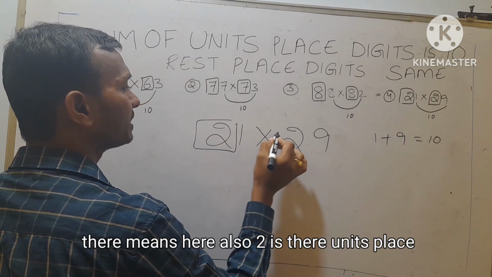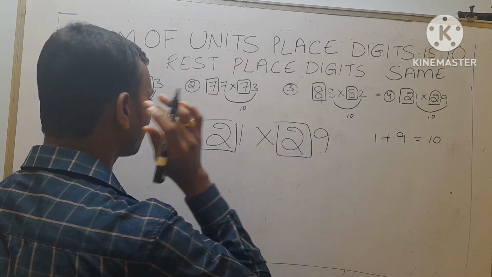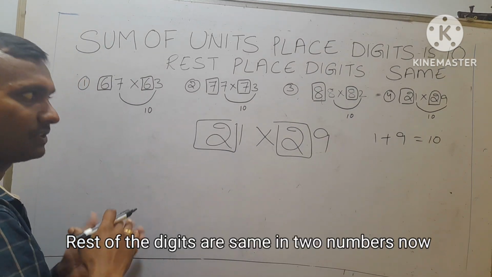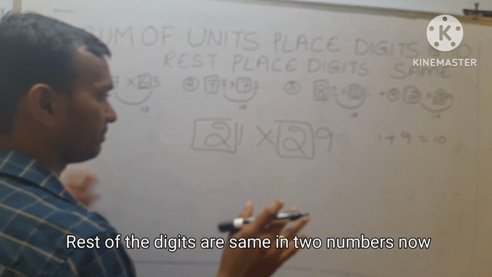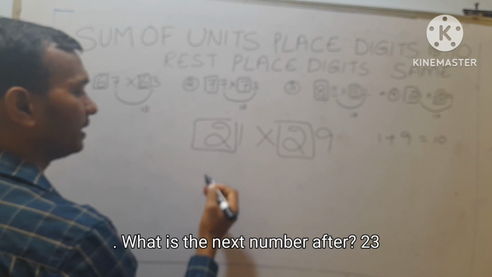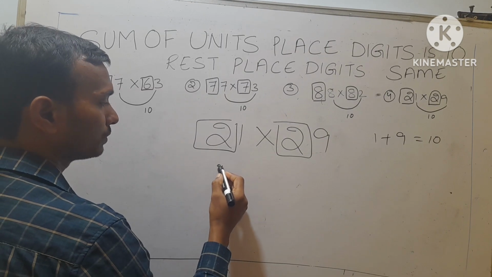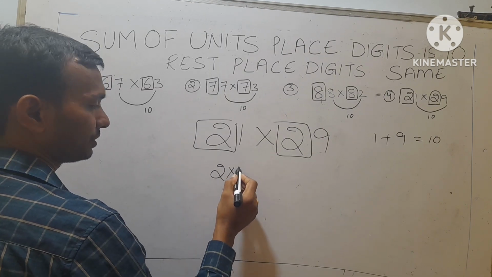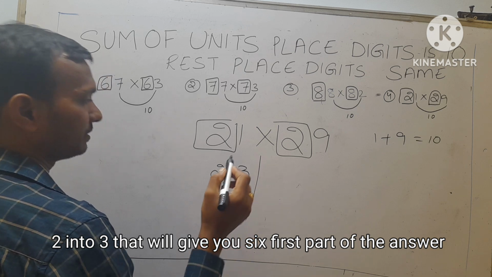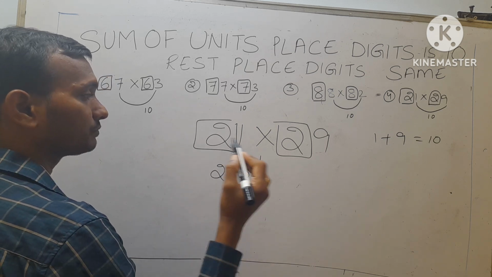Here 2 is there, and here also 2 is there. The units place digits sum to 10 and the rest of the digits are the same in the two numbers. Now what is the next number after 2? 3. 2 into 3 will give you 6, the first part of the answer.